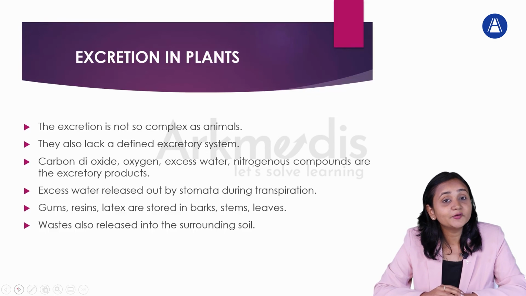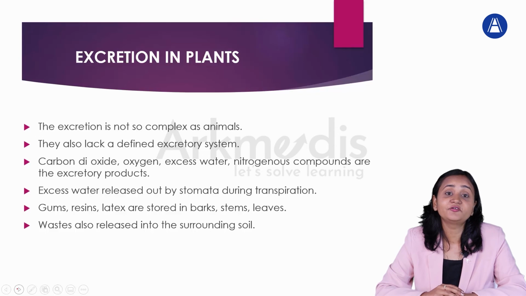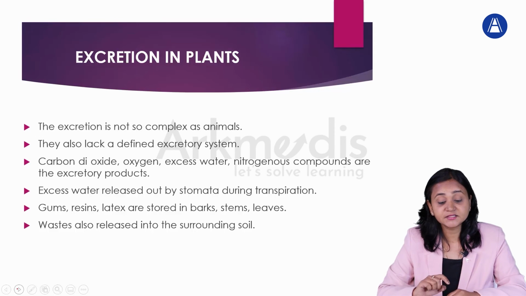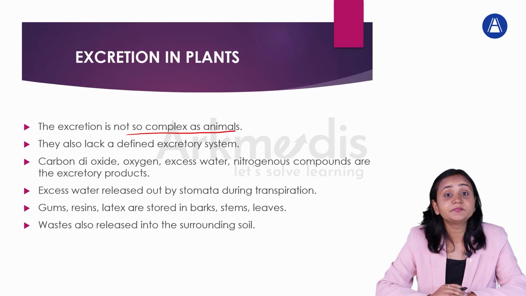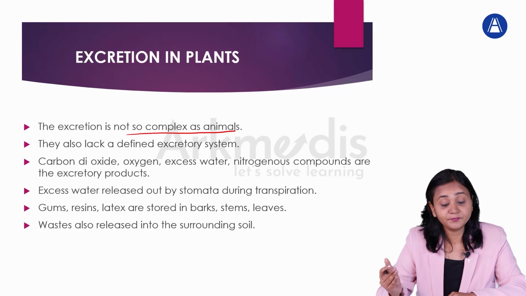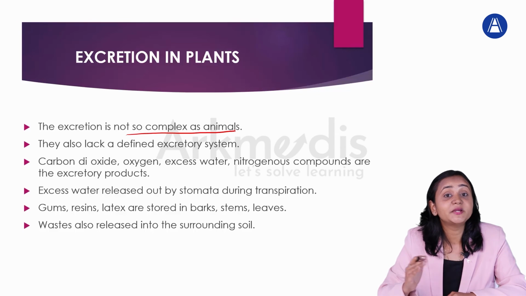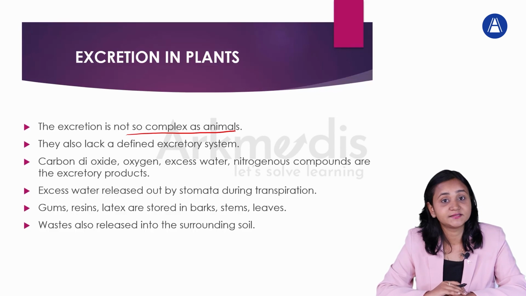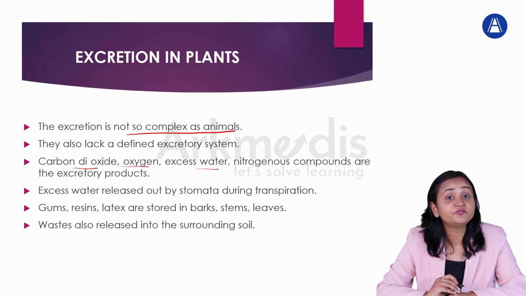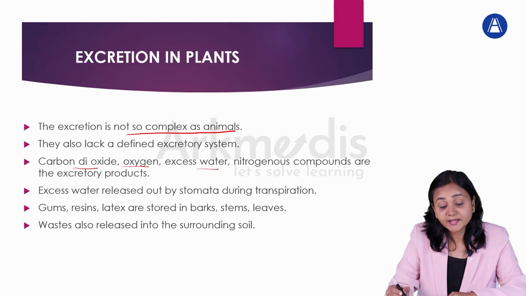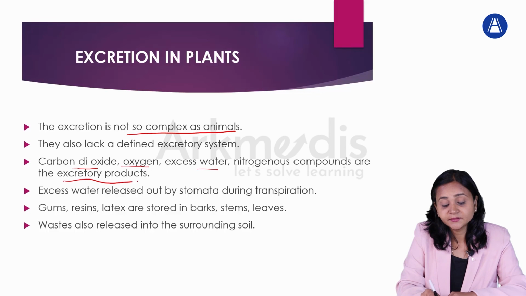Now, we'll be learning about the process of excretion in plants. These plants do not have a complex system like that of animals, but still they have excretory products because they have a lot of metabolic processes going on inside them. The carbon dioxide, oxygen, excess amount of water and the nitrogenous waste are the main excretory products.